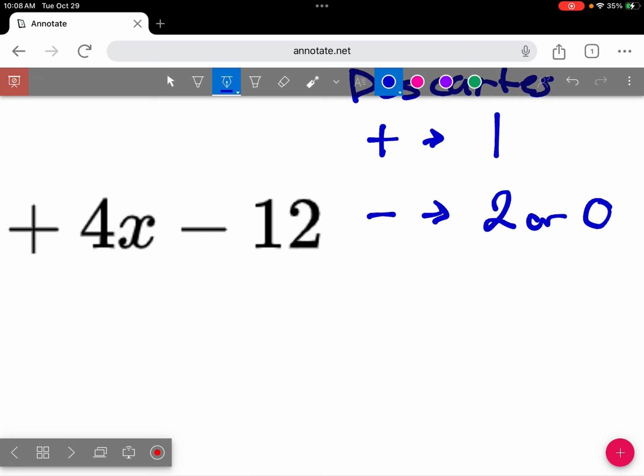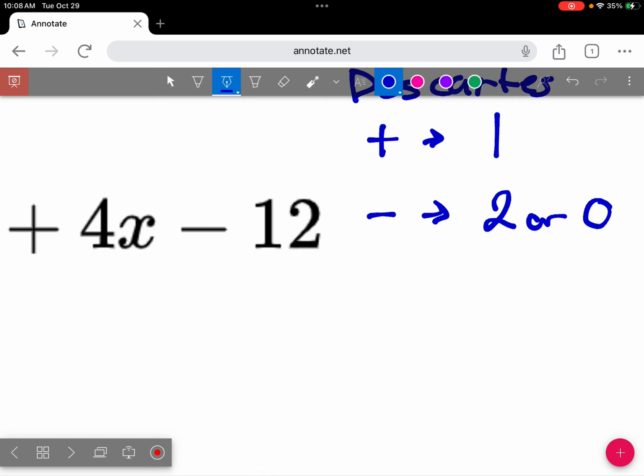Wait, so pairs only a negative? The only ones that come in pairs are imaginaries. Imaginaries always come in pairs. That's why we count down by 2s. Then why do we have to do 2 or 0? Because if I even have one negative root, it means I'm going to have 2 because I'm going to have a total of 3 roots. And I know I have one positive root, but I might not have any negative roots. Maybe I have one positive root and 2 imaginaries. So it always counts down by 2s.